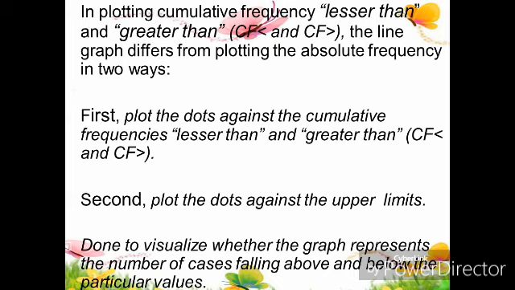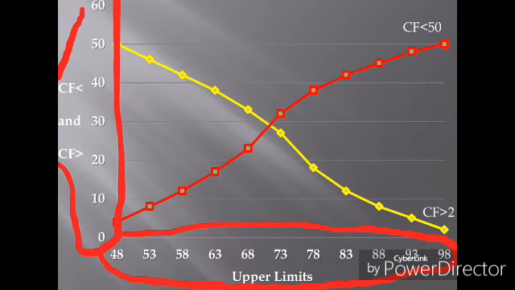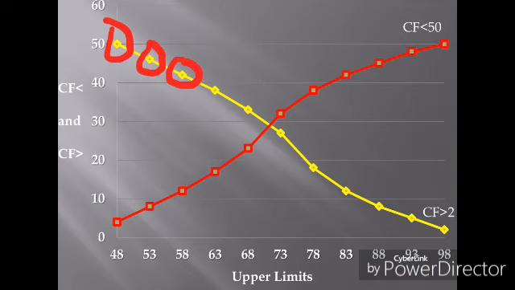Then, to visualize whether the graph represents the number of cases falling above and below the particular values, let's write our cumulative frequency lesser and greater than on the left side by 10, while at the bottom are the midpoints. On our cumulative frequency lesser than, we must plot 50 at midpoint 48, 46 at midpoint 53, and 42 at midpoint 58, and so on.